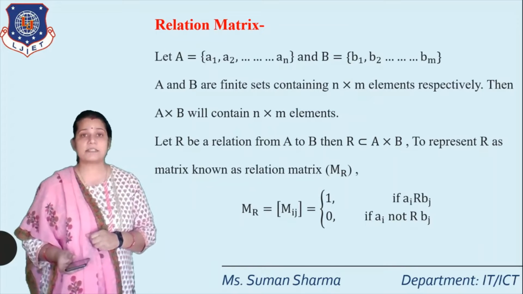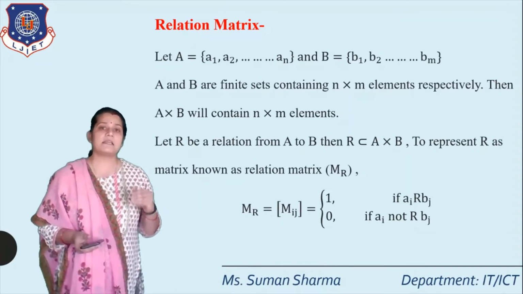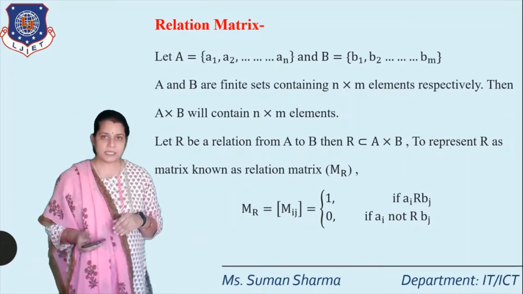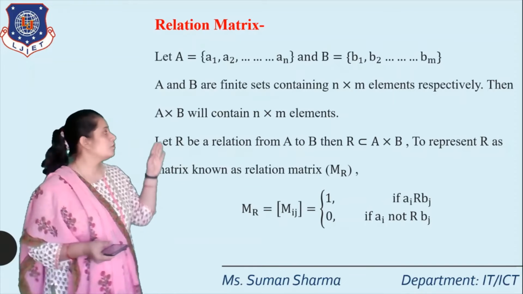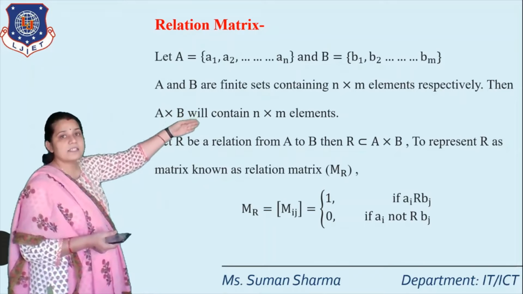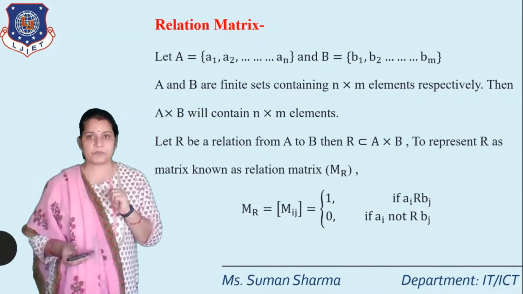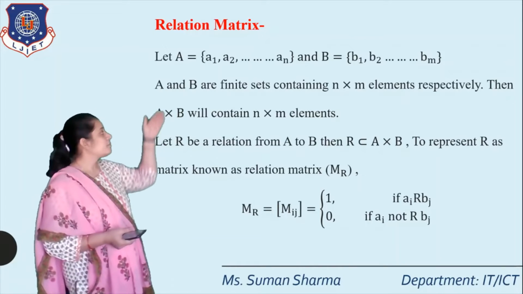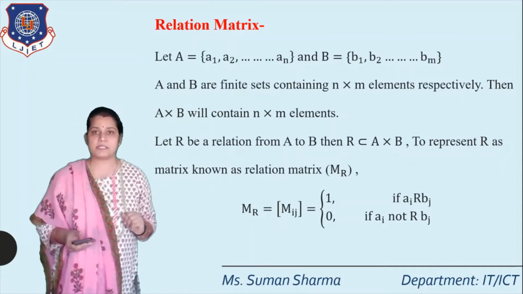Okay, next is relation matrix. What is the relation matrix? So see, if we have the set A and the elements are A1, A2, A3 up to An. Set B, the elements are B1, B2 up to Bm. Okay, and A and B are finite sets containing n and m elements respectively. That means set A has n elements and set B has m elements.